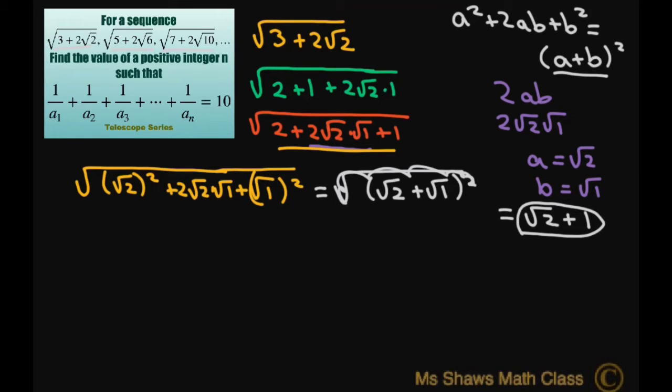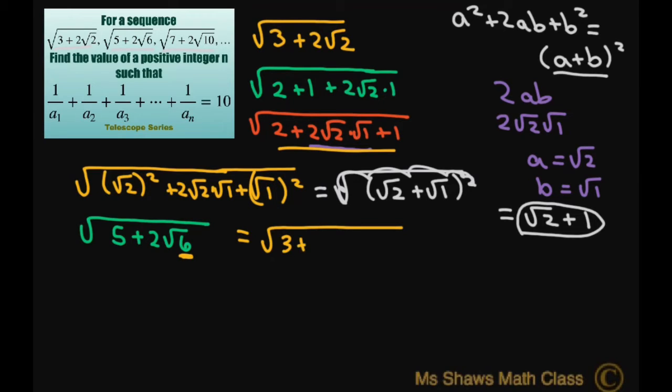The next one, we do the same thing. We have 5 square root of 5 plus 2 square root of 6. So I'm going to write this as square root of, since I have a 6 here, I'm going to use 3 times 2 is 6.